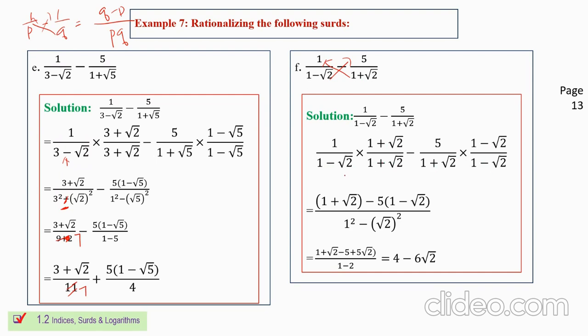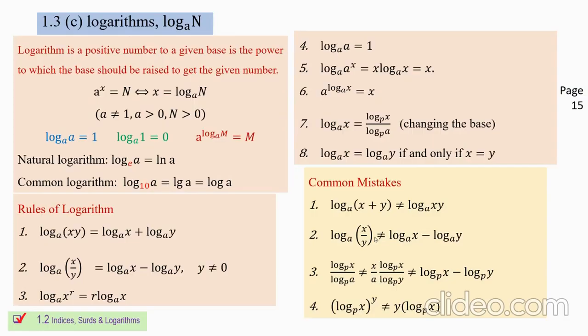Then if you multiply, you will notice actually they are the same. So you combine them back, and then 1 plus 2 minus 5 plus 5 surd 2. The one without surd plays together, and the one with surd plays together. And don't forget this is minus 1, so that's why we revert back and become 4 minus 6 surd 2. And the next one we are going to look at is logarithms.